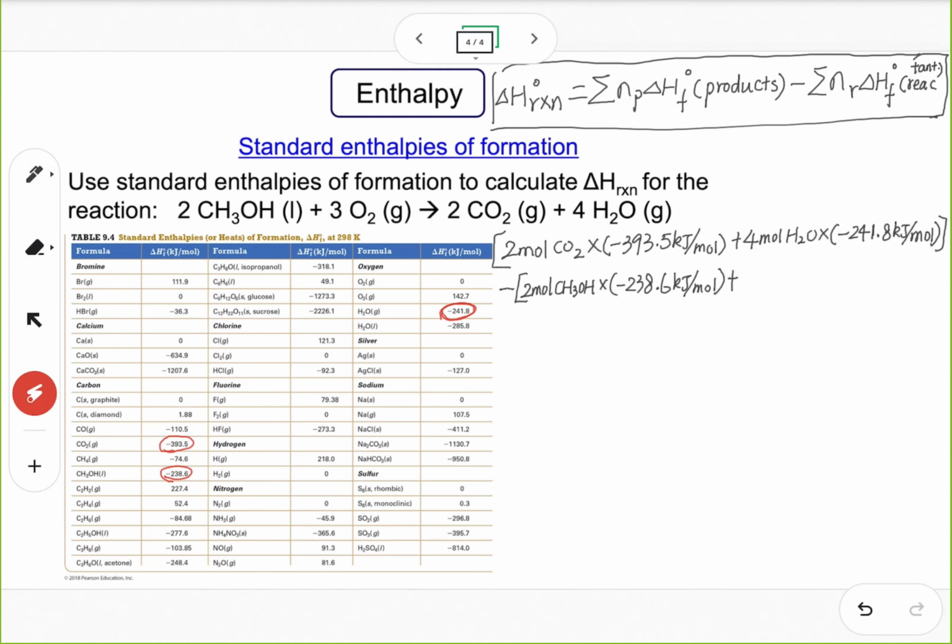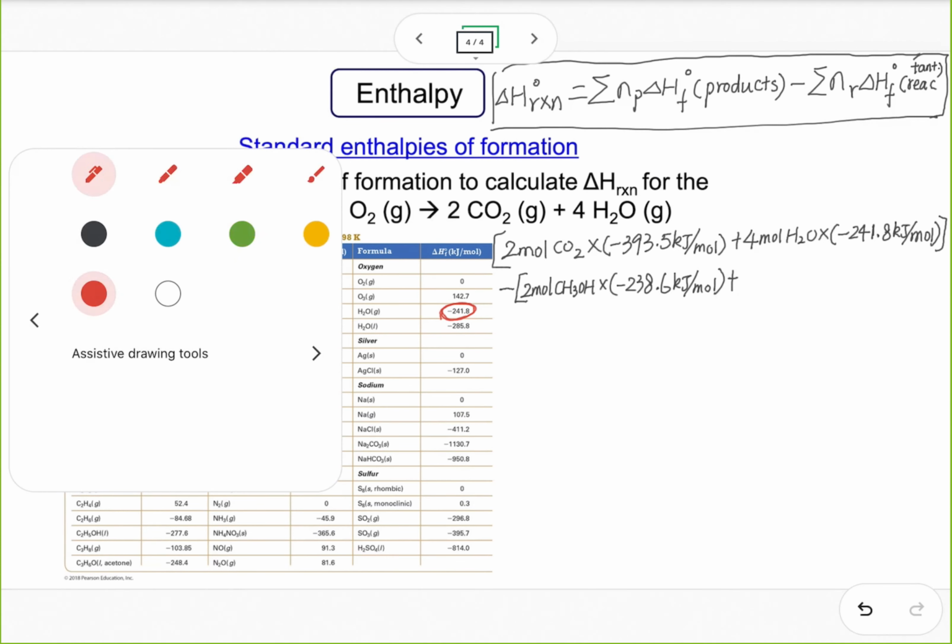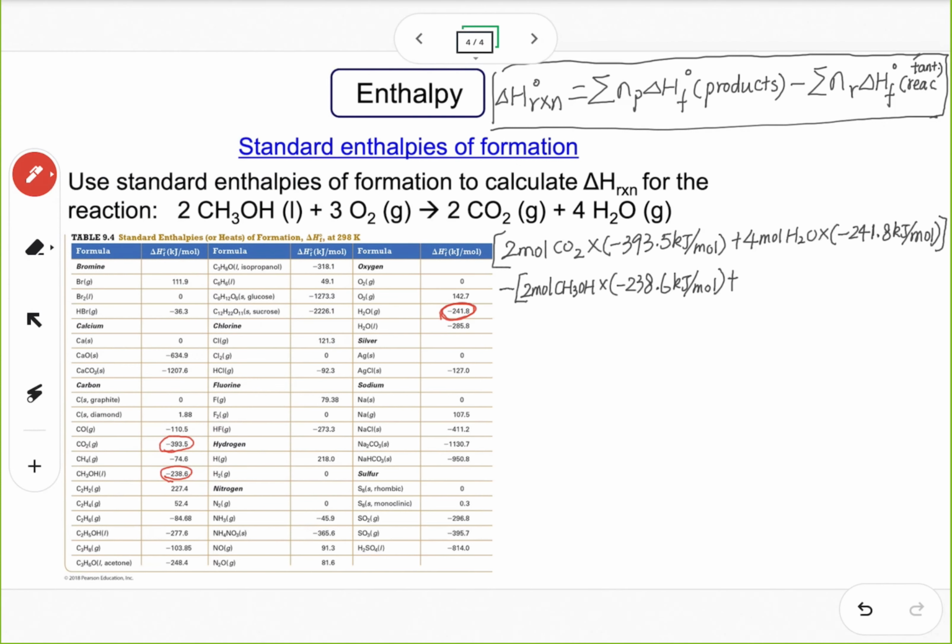Well, if you take a look at the oxygen, where is oxygen? It's right here. It's 0. Well, this makes sense, right? Because when we talk about O2, it's a free element. It's the most stable form of the element oxygen. Therefore, according to the discussion we had on the previous slide, the delta HF0 for oxygen O2 would be 0.